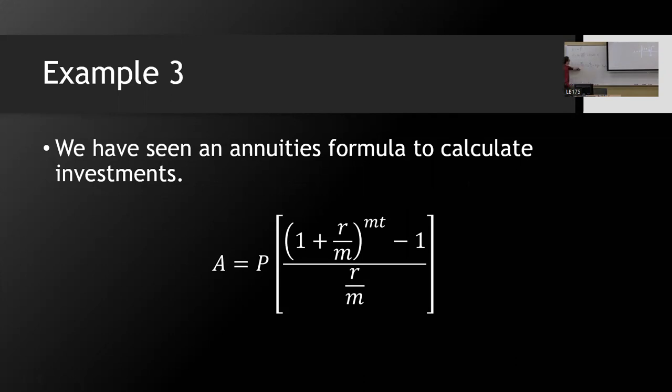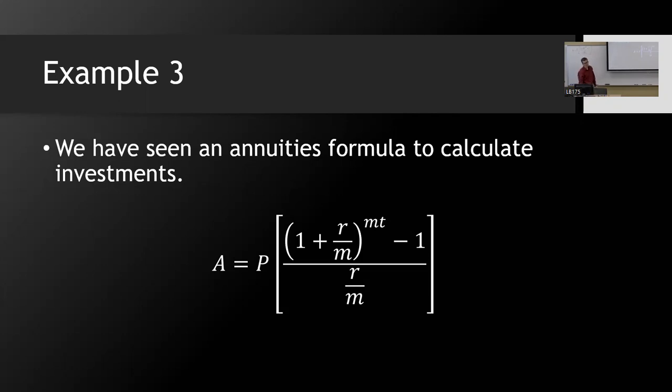Now, lastly, we've seen this formula before, and this one was given to us. We looked at how it was derived, but it's basically a formula for calculating the amount of annuities, and we've used it before.